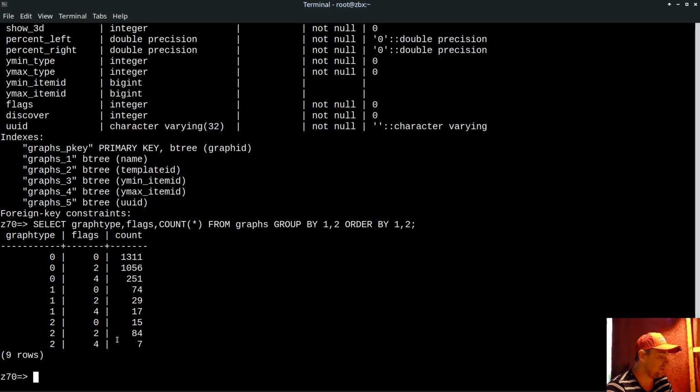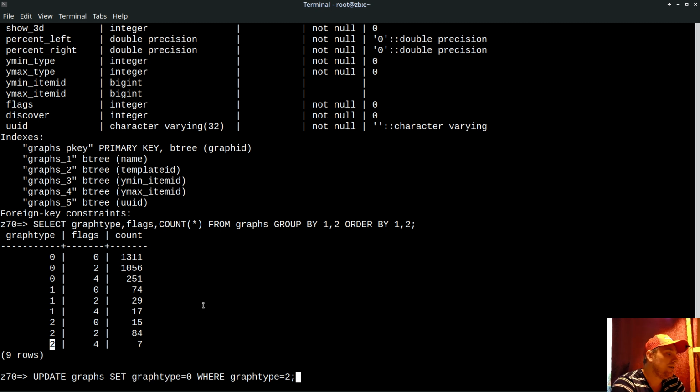So the fix is: update table graphs, set graph type equals 0, where graph type equals 2, and 2 is the pie graph.